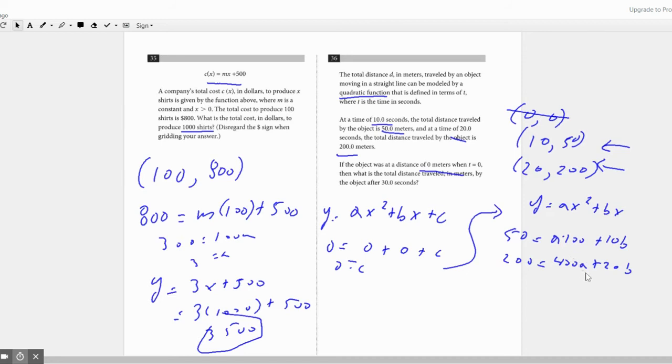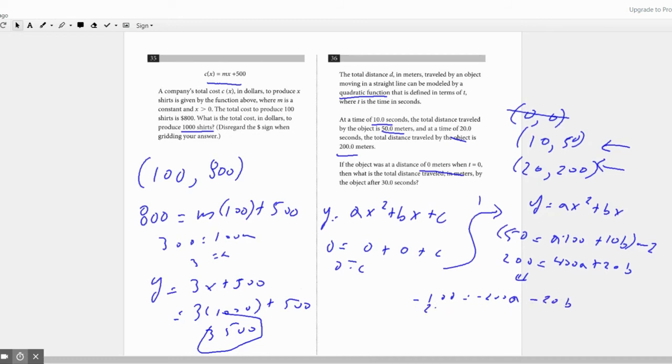So now we have a system of equations, and I'm just going to multiply the first one by -2, so that we can do elimination, because elimination is easier, to me at least. So that's going to turn into -100 equals -200a minus 20b.